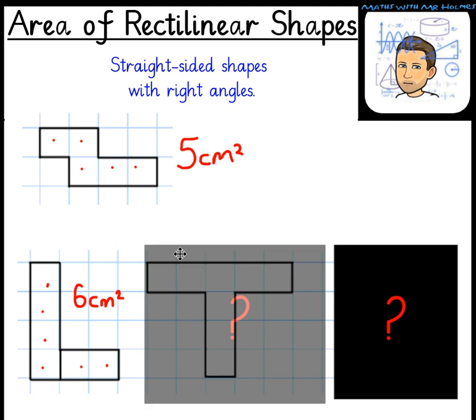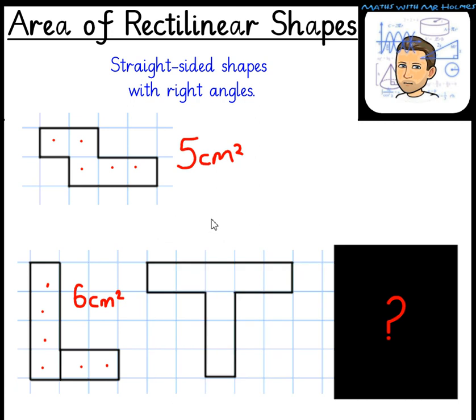Okay, let's have a look at another one then. Again, looks like a letter T, or T shape. This is also a rectilinear shape. And again, we could, if we wanted to, split that shape up into 2. So here we've got 1 up and 5 across, which we know would be 5.